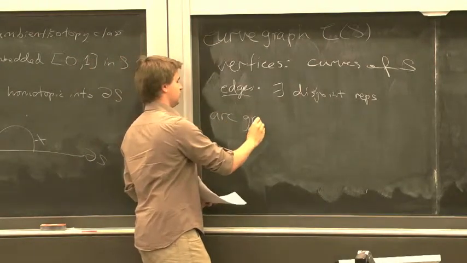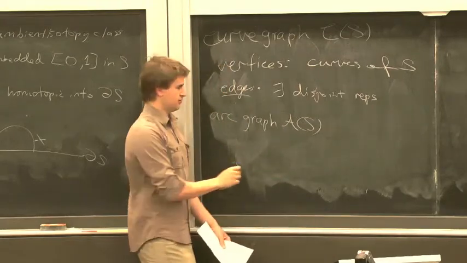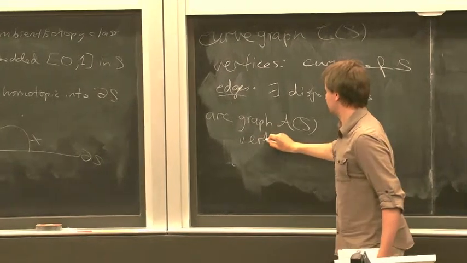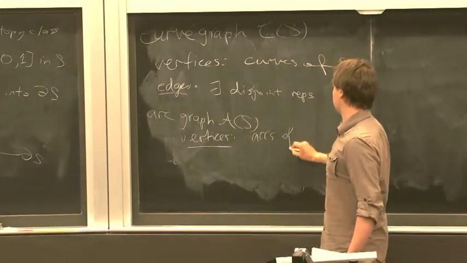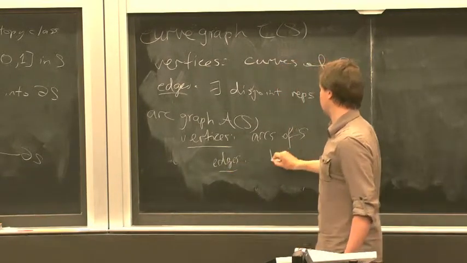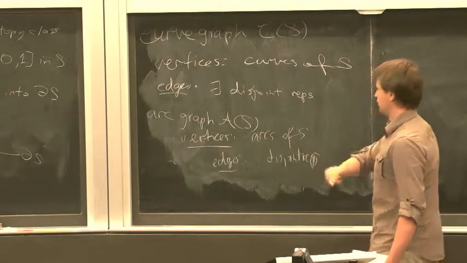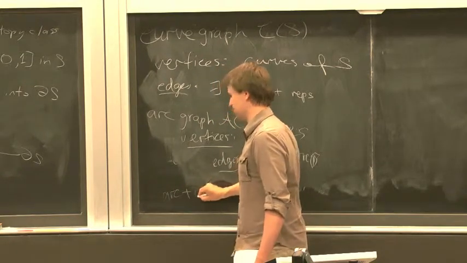And you can define the arc graph A of S as well. So the vertices are arcs of S, and edges, again, disjoint representatives. And then you also have the arc and curve graph, so all three are going to play a role today.